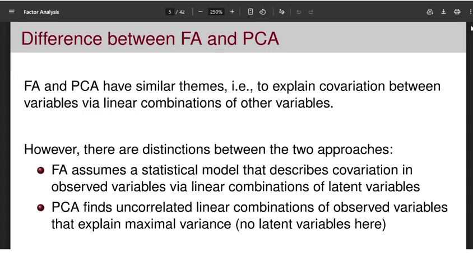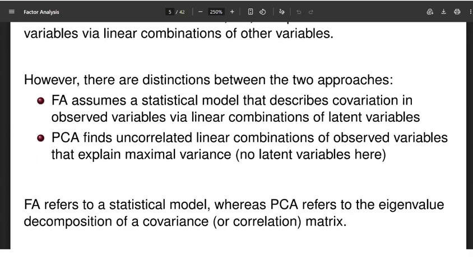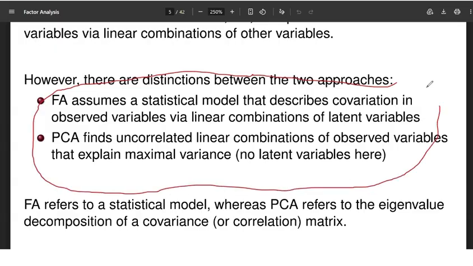Now, when you want to talk about the difference between them, I need you to pay attention so that you can see clearly the difference. With factor analysis, a statistical model is involved, and that statistical model will enable us to see how the observed variable is related to the underlying factor.